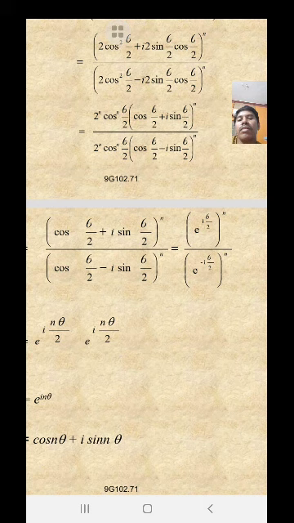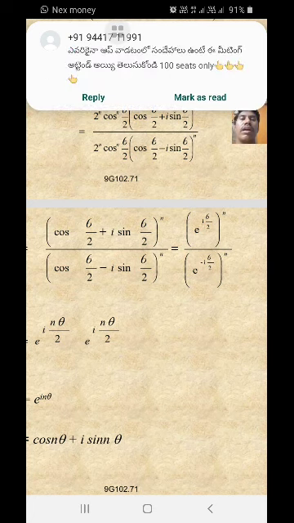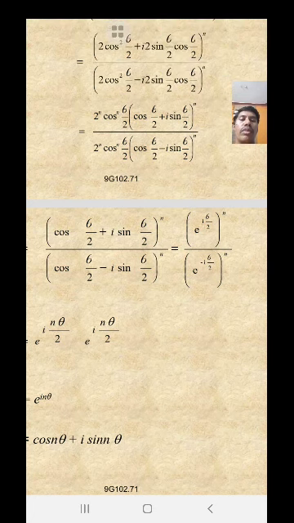Exponential form is, if cos theta plus i sin theta whole power n, that means e power i theta whole power n. Similarly here, in place of theta we have theta by 2. So the exponential form is (e power i theta by 2) whole power n, the power n as it is, and in the denominator (e power minus i theta by 2) whole power n.